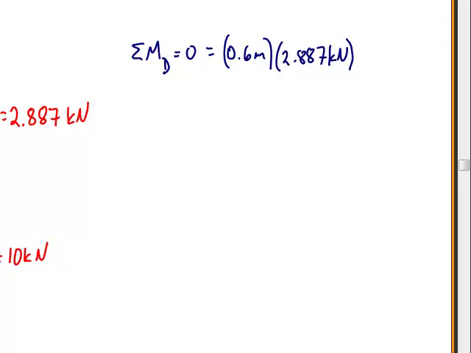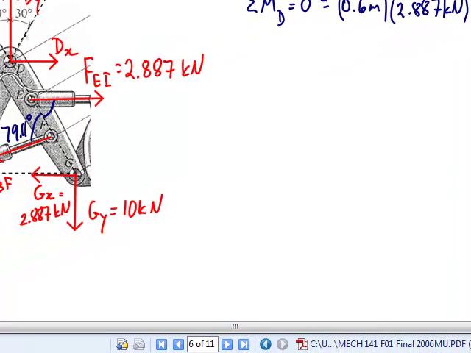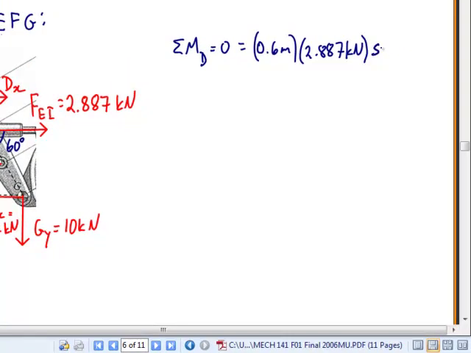And the angle between, it's going to be 60, right, because this is 30 from vertical. So that'd be sine 60.